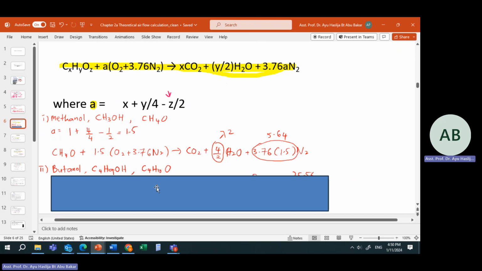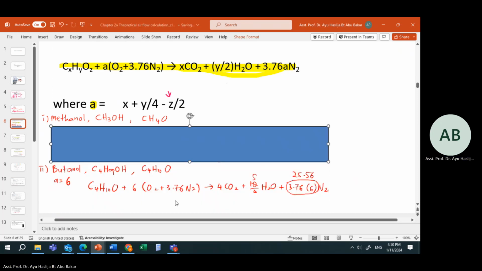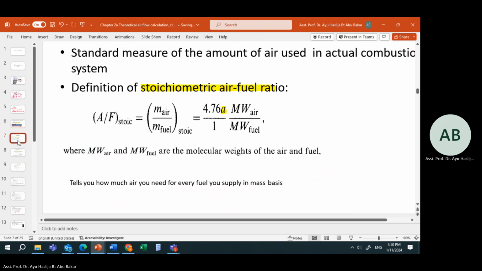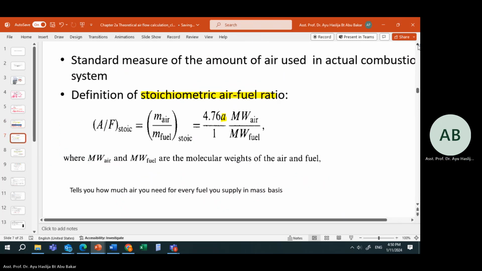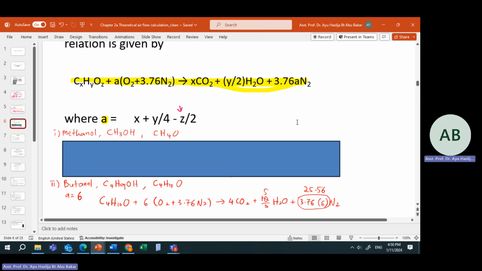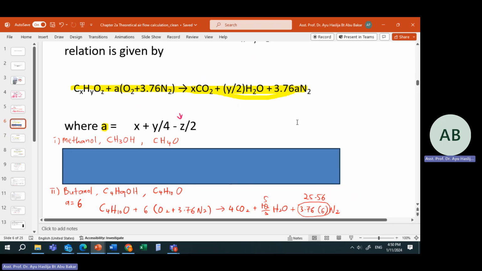Okay, A is 6. Okay, I think up to there first lah, sebab this one, it will need to proceed until the exercise, then only you understand. Okay, so we stop up to the stoic combustion equation first.